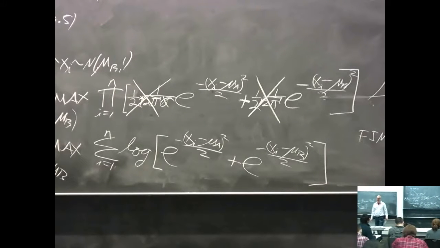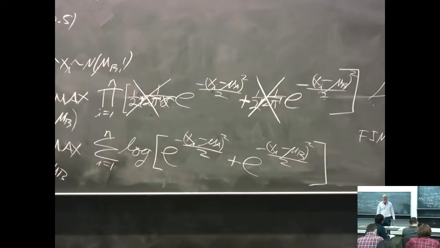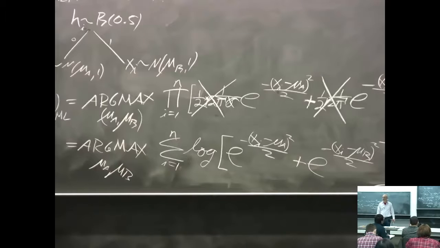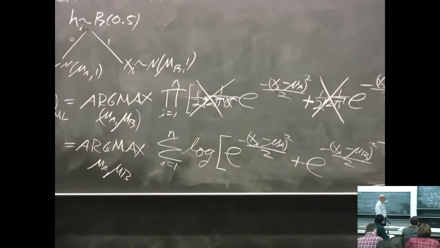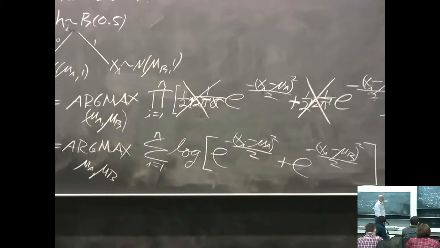What do I do next? Differentiate. Okay. Really helpful, right? Because you have a log of a sum. Right, but we can differentiate. I mean, it's true. That's the next thing I would do.